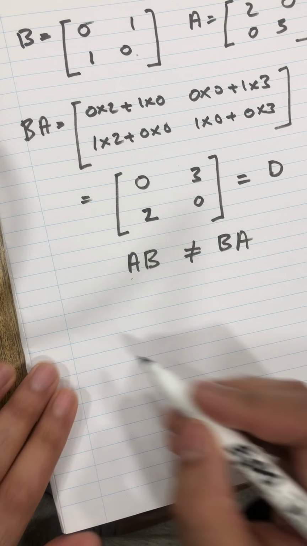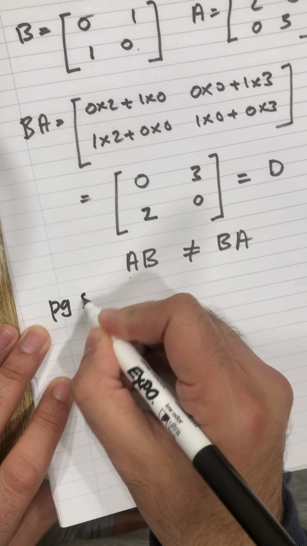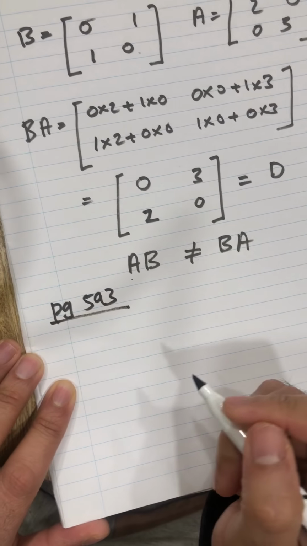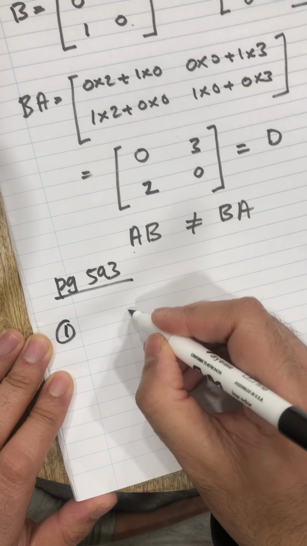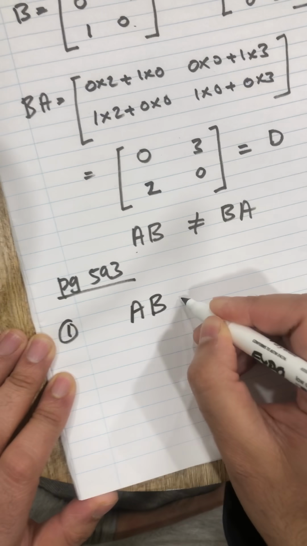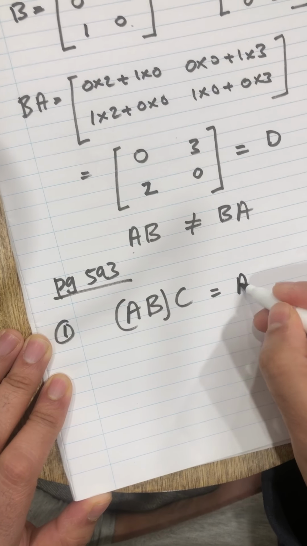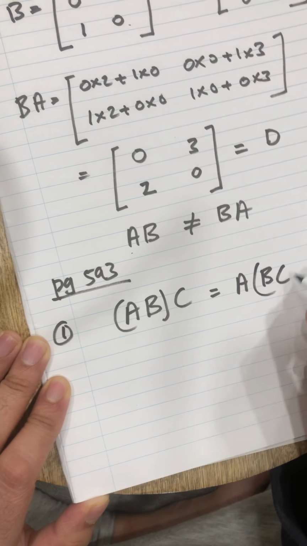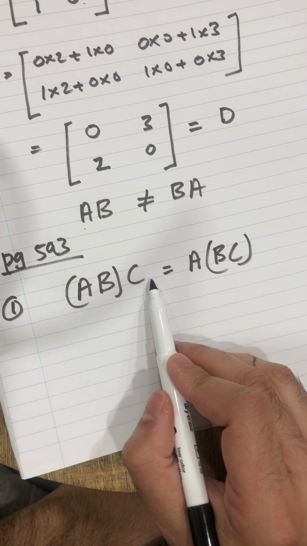Okay, so this is some more rules. These rules are given on page 593, so I'll just write them down. You can review them. The first rule says (AB)C equals A(BC). What does this rule mean? Suppose you have these three matrices.